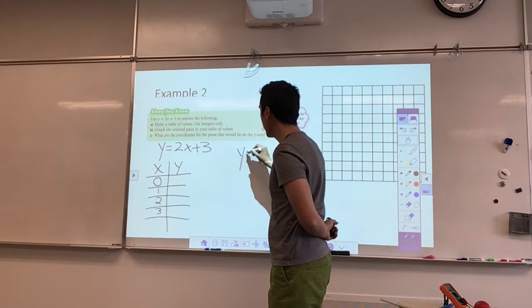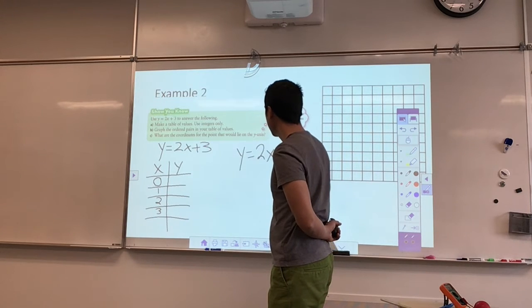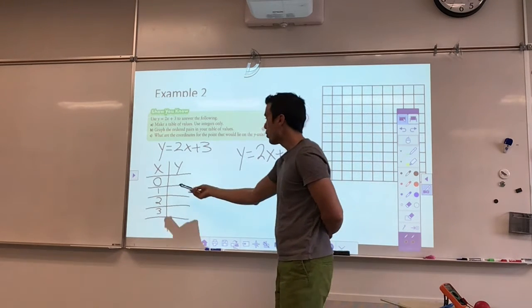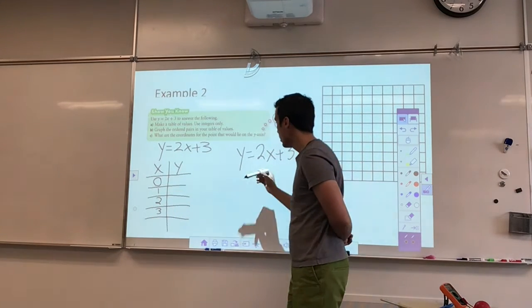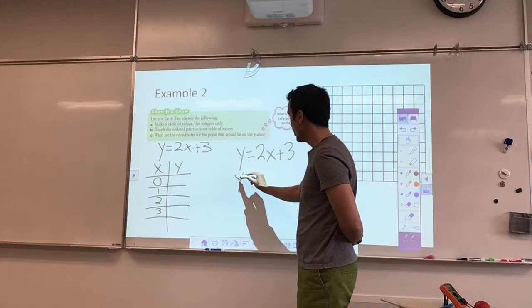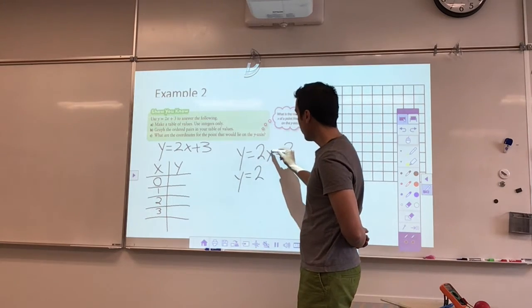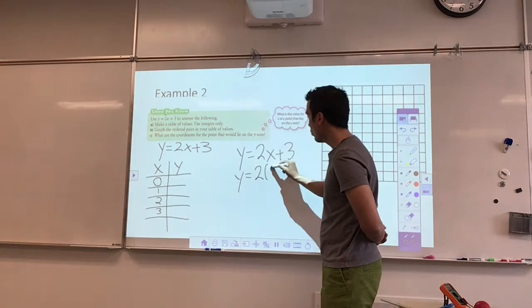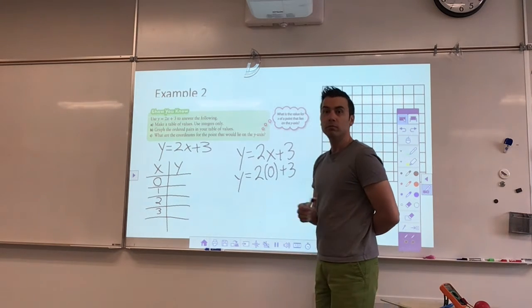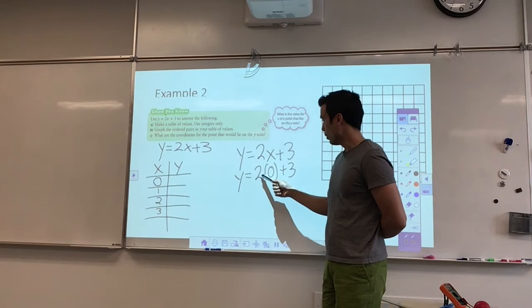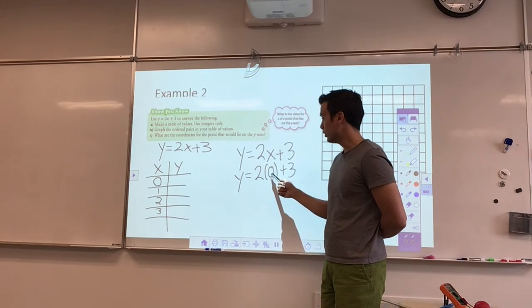So here's my original equation, y equals 2x plus 3. And so I want to figure out what y is when x is 0. Well, I'm just going to replace this x here with 0. And then figure it out. What's 2 times 0? 0.